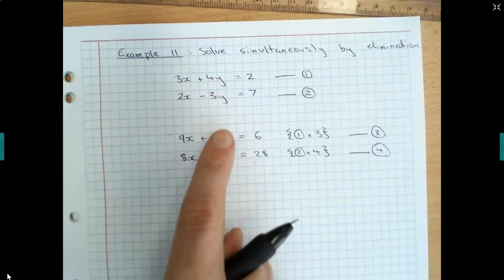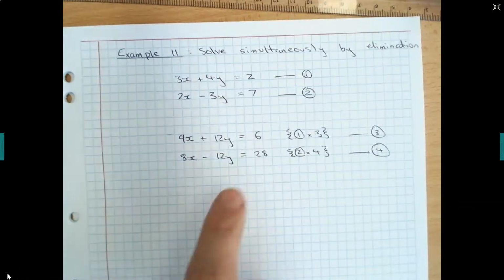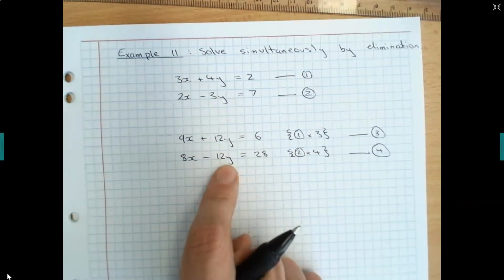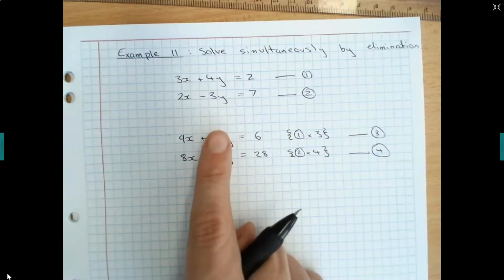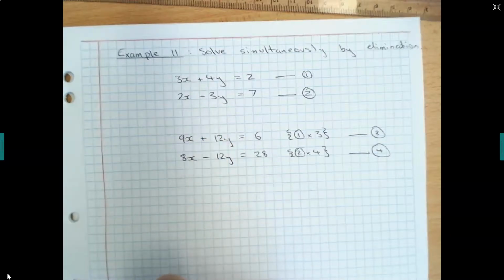Now if I add the two equations, positive 12 plus negative 12 is going to give me 0, so I'm just left with x terms.